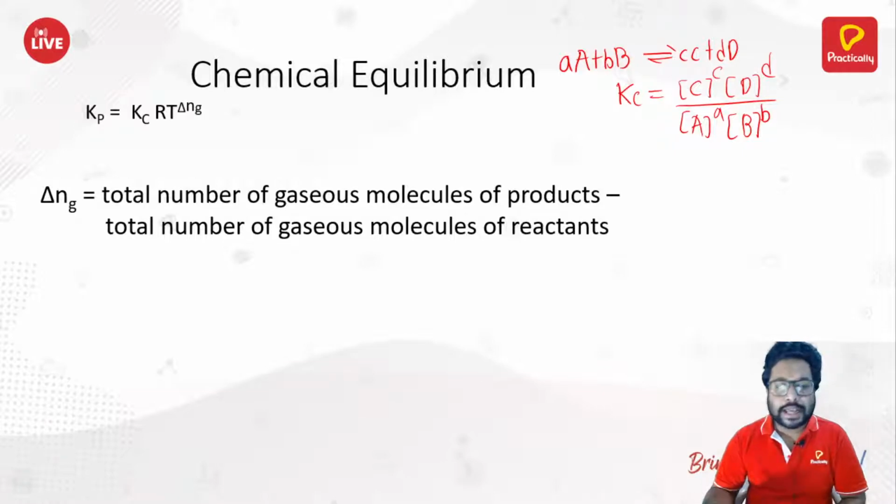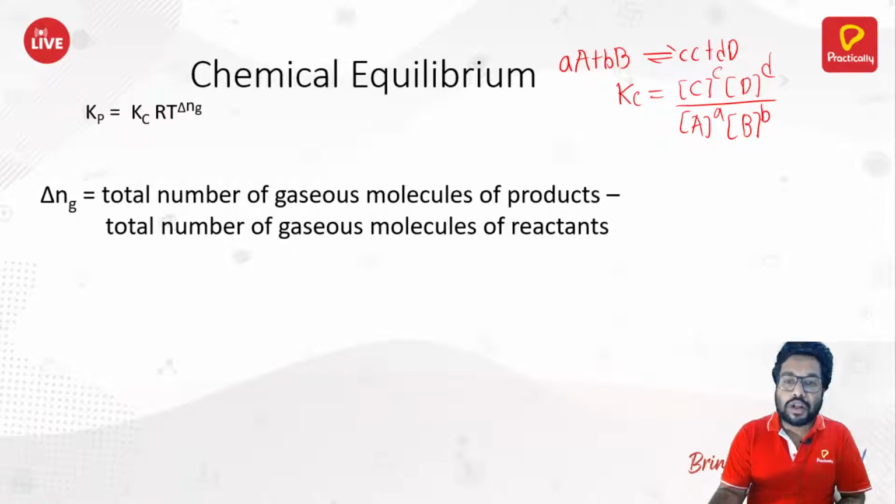Then what is Kp? Kp is applicable to those species which are undergoing reaction in a gaseous medium. That means you can apply Kp only when all the reactants and all the products are in the gaseous phase. And what is the relation between Kp and Kc?